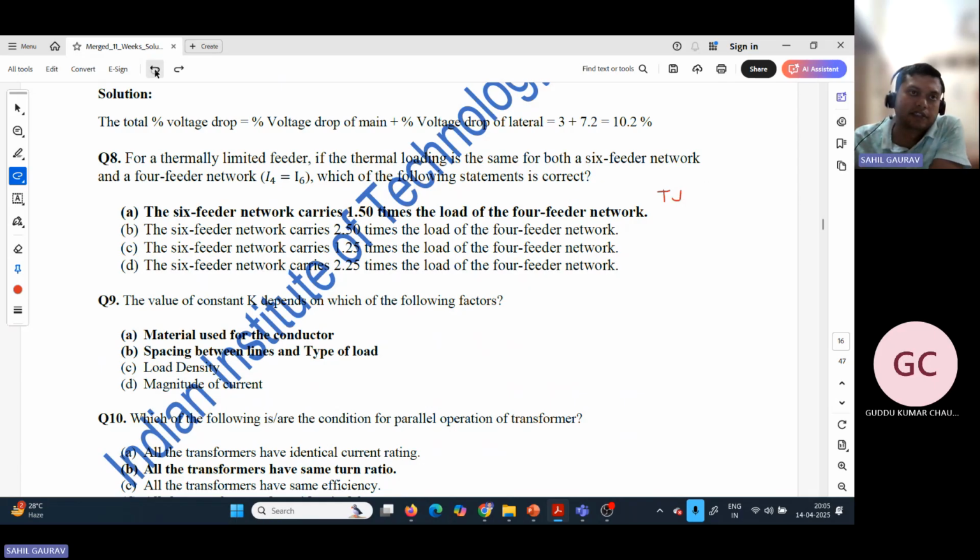If you just divide TS6 upon TS4, it is 6 upon 4, so it is 1.5 times the 4 feeder network.